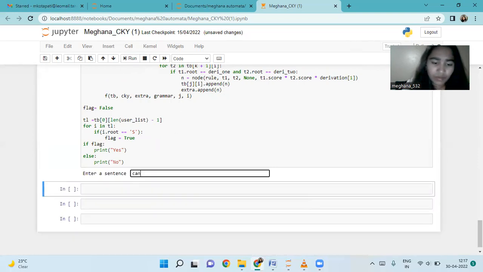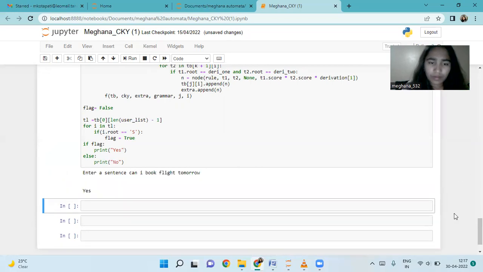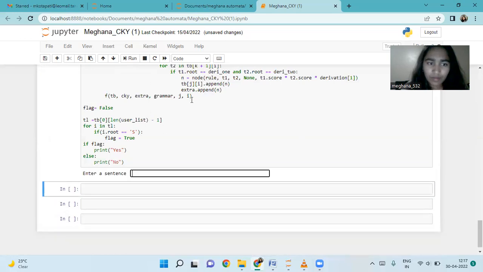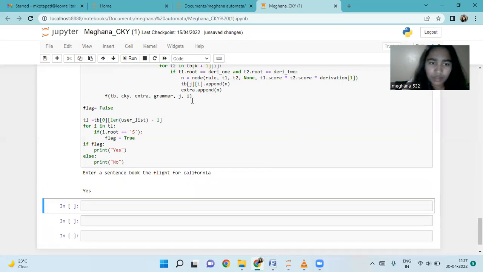Can I book flight tomorrow? Enter. It is also a valid sentence. Book the flight. Enter.